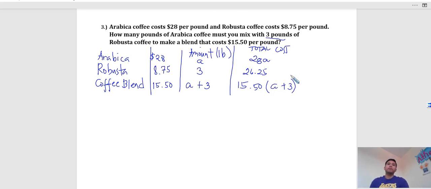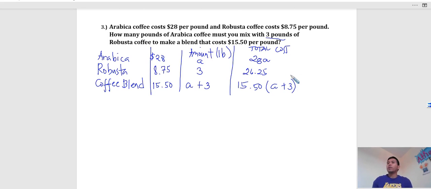Now the question there is, how many pounds of Arabica coffee must you mix with 3 pounds of Robusta coffee to make a blend that costs $15.50 per pound? Because the question is, when you combine Arabica and Robusta, the first thing that we have to do is find the value of A, which is the amount of Arabica.